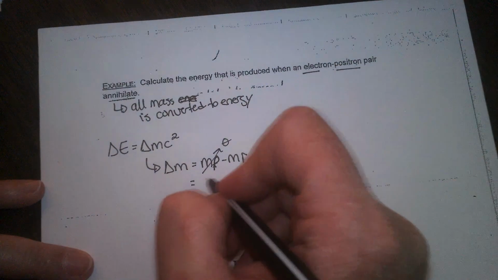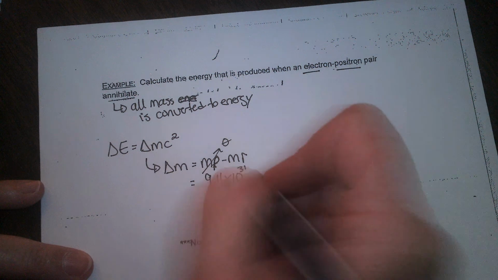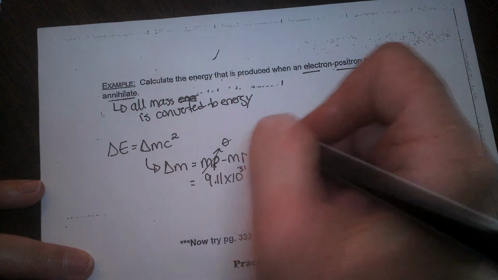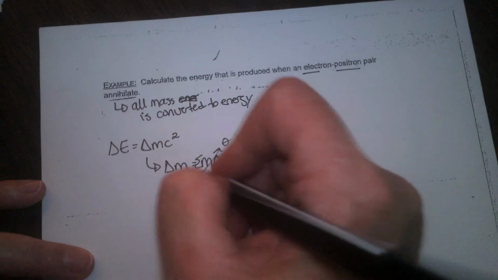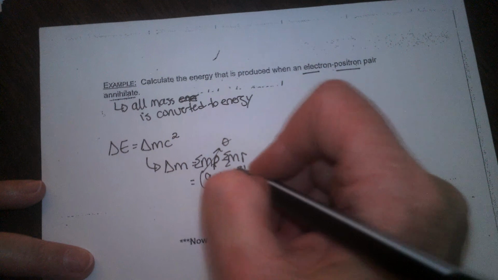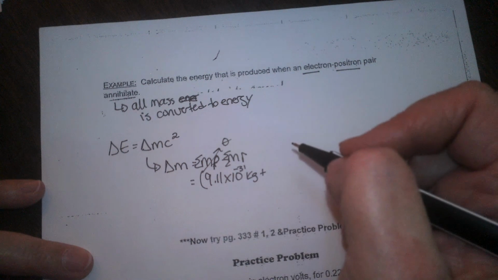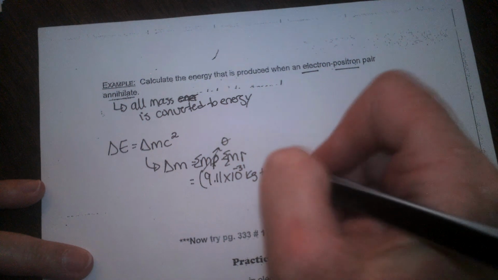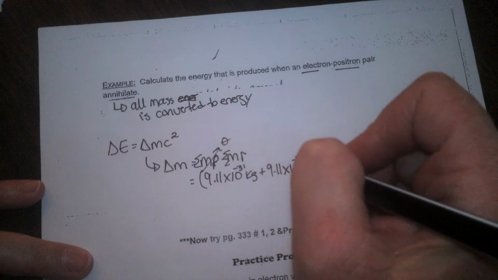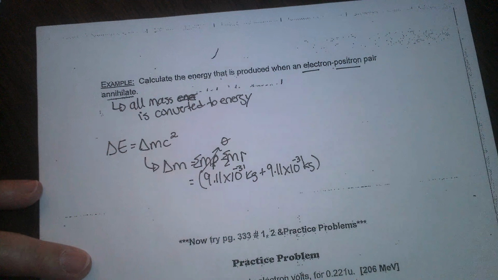So we have 9.11 times 10 to the negative 31 kilograms, because remember this is the sum of, plus what's the mass of a positron? Right, because a positron is just a positive electron.